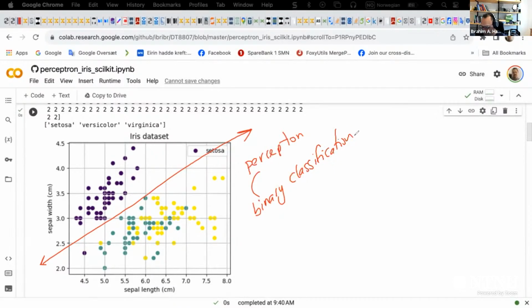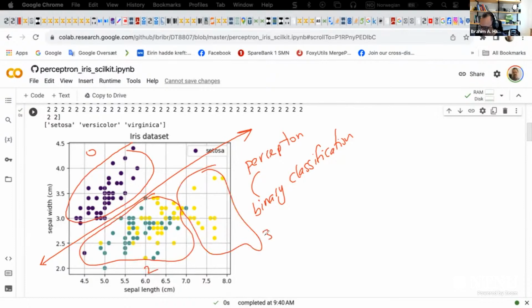We need another perceptron because we have three classes. So in fact, today we will use a technique called one versus rest. If you have three classes, for example, this is class number 0, maybe the blue or green one will be class number 2, and the yellow one maybe class number 3. In this case, we can classify this problem using three perceptrons, with the technique called one versus rest.